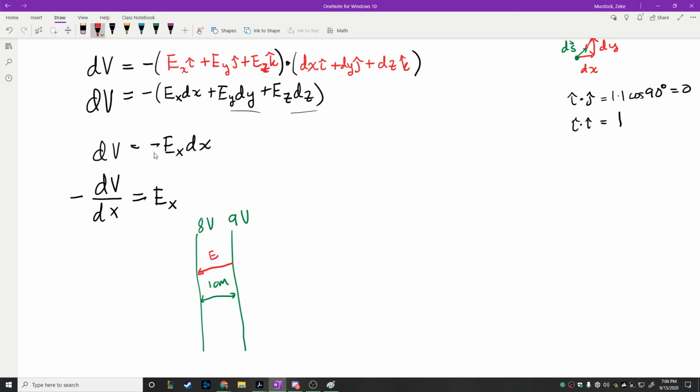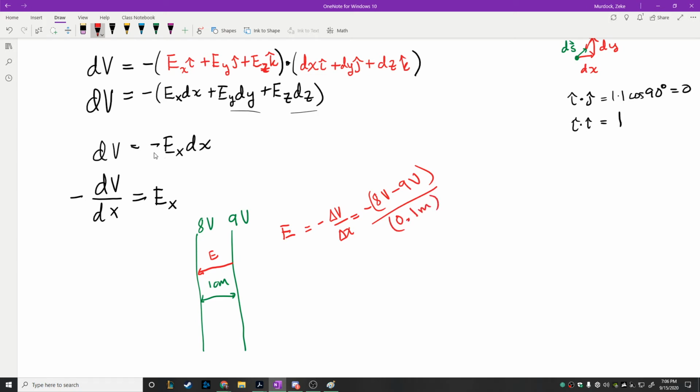But I also know that the electric field is basically the rate of change in the x direction. Or we can make this even simpler. It's basically negative delta V over delta x. So what's that going to be? Well, it's going to be negative of 8 volts minus 9 volts divided by 1 centimeter.